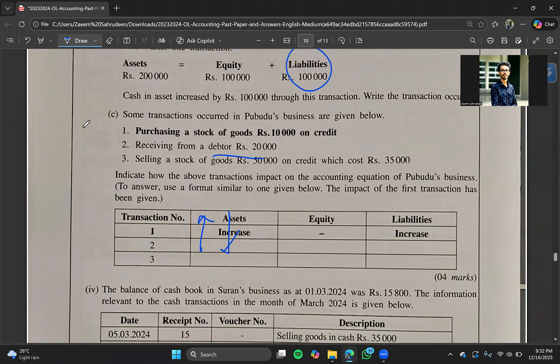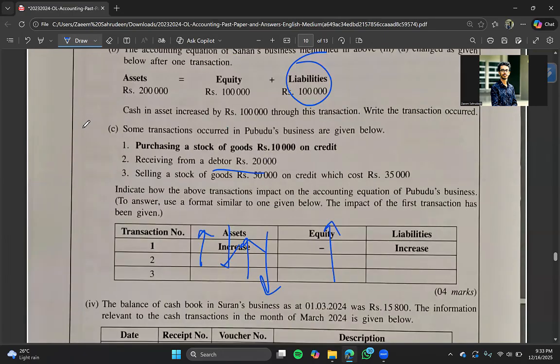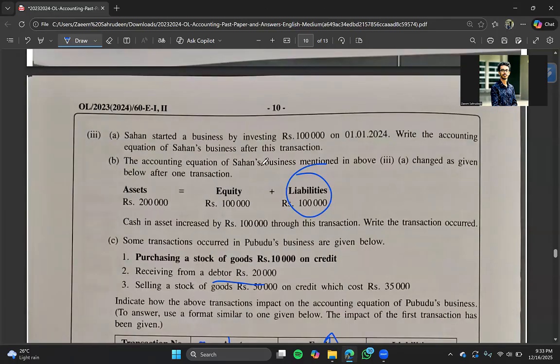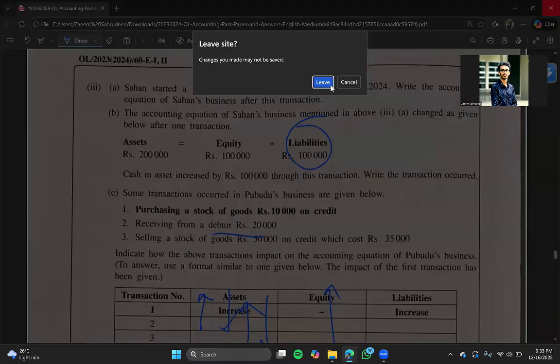Selling goods for 50,000 on credit, which cost 35,000: debtors increase by 50,000, stock decreases by 35,000, equity increases by 15,000. That is the impact of this transaction. Those are the questions according to this 2023 paper, very simple as that.